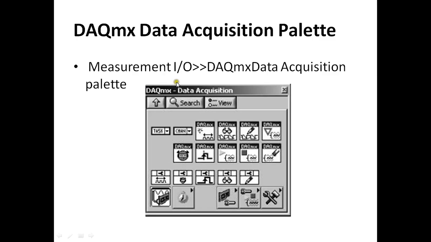From the block diagram panel we can get Measurement I/O, and in that the DAQmx data acquisition palette is there. In this palette we are going to discuss the DAQ Assistant. This is used for getting the analog data, and for conversion and analysis. This block is used for that purpose.